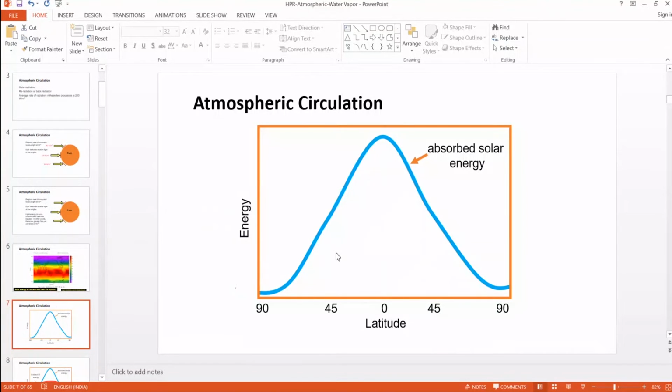So this is the absorbed solar energy. This is latitude 0. The equator's latitude is 0, whereas the pole's latitude is 90 degrees.